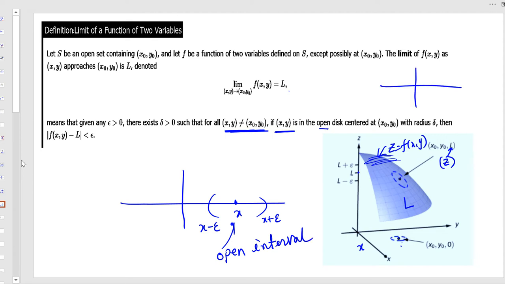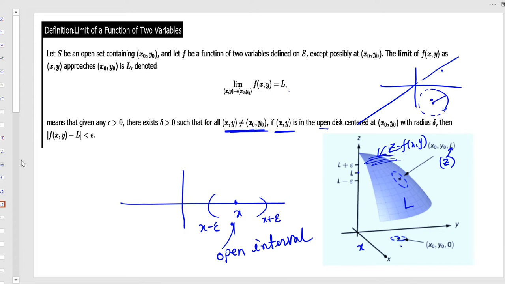But when we have a two-dimensional shape in this figure, then if you try to define around x naught y naught in this way, that is the equation of a disk actually.